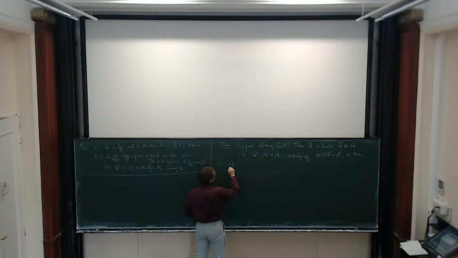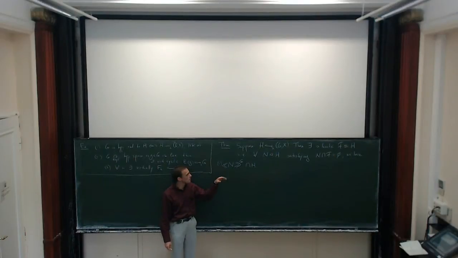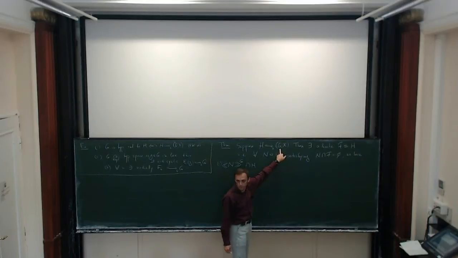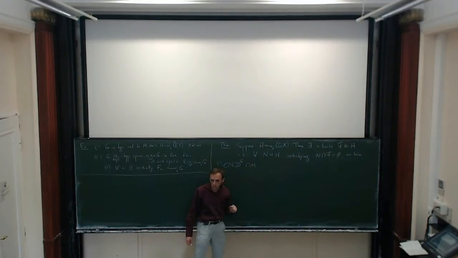Let's take N, and let's take the normal closure of N in G. N is normal in H, but it's not normal in G. So let's take the normal closure of N in G and intersect it back with H. In general, if you don't assume anything about G and H, this intersection may be the whole H. For example, think about the situation when G is just a simple group and H is some cyclic subgroup, which is not hyperbolically embedded, of course, in this case.